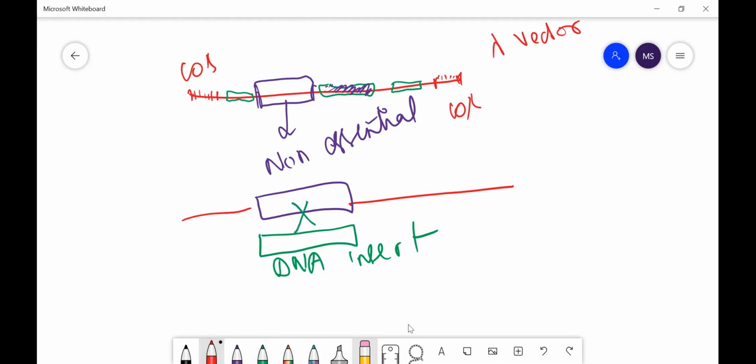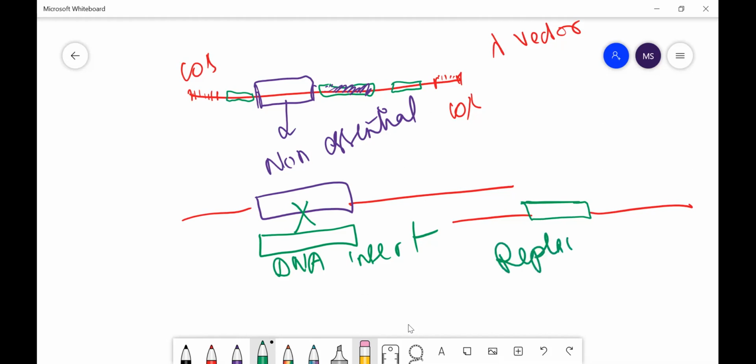Now in the new vector, in the place of the non-essential region, you have your DNA insert. So this kind of lambda vector is known as a replacement vector, because the non-essential region is replaced by your gene of interest.